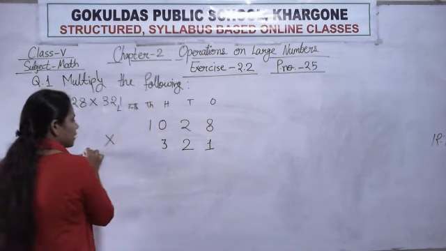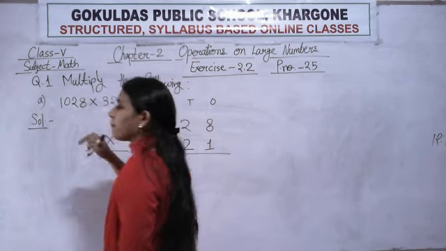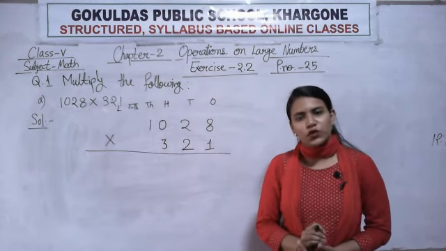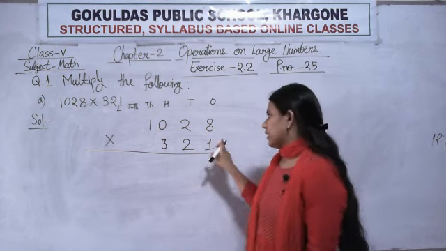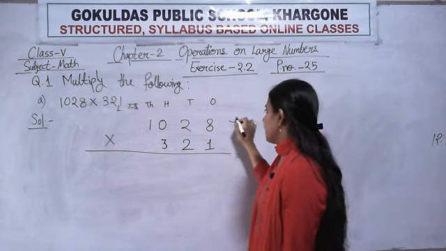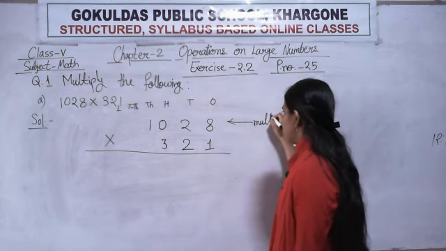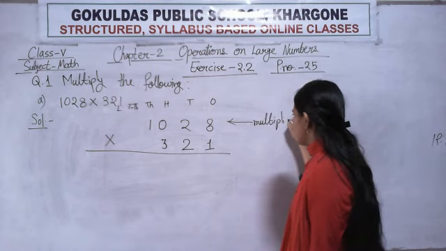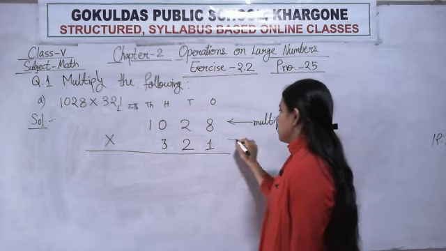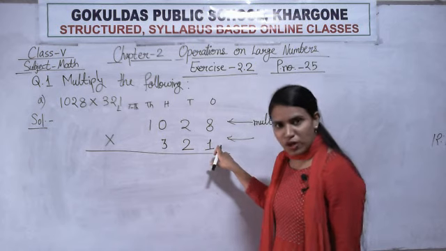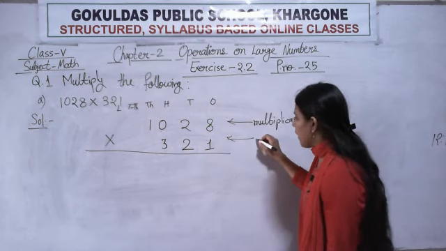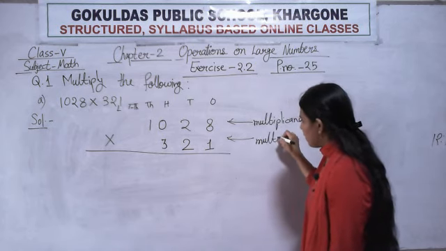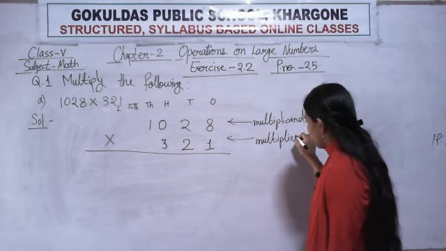Now put the multiplication symbol as we are doing multiplication. The first number is your multiplicand, and the number by which you are multiplying is called a multiplier.